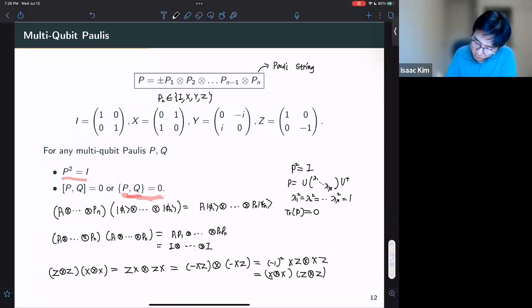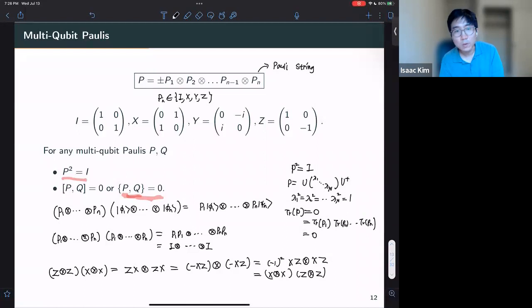So this is simply the trace of P1 times the trace of P2 times the trace of Pn. And therefore, unless all of these things are identity, at least one of them would have to be 0. So 0 times some constant thing, that's a 0.